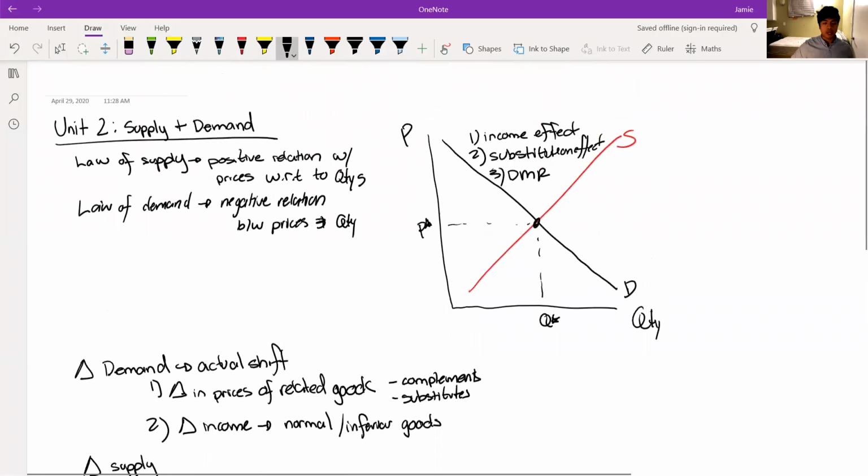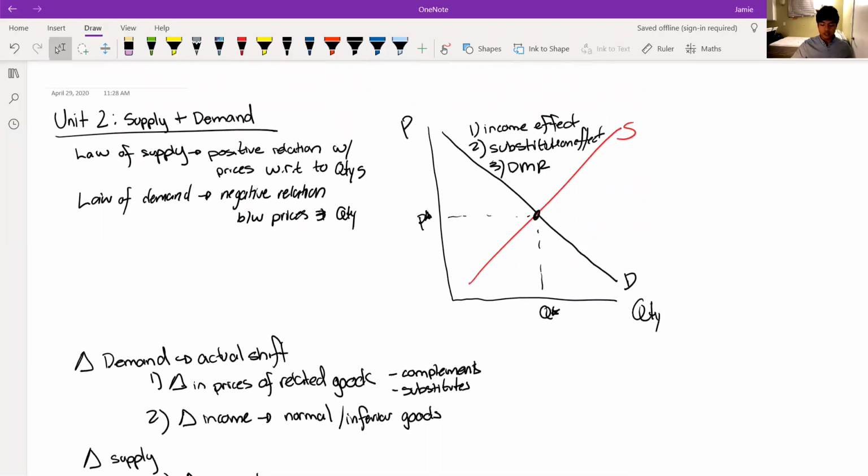If we're talking about the market for chocolate and the price of chocolate increases, what happens on the demand curve? Demand does not shift left or right, but there's a movement along the demand curve. That movement is signified by a change in quantity demanded.